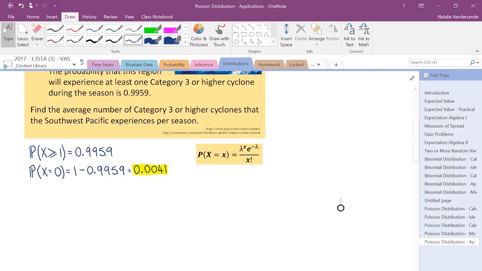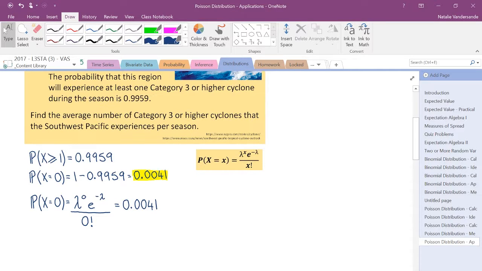Filling in the formula, we know that x is 0, and we are trying to work out lambda.